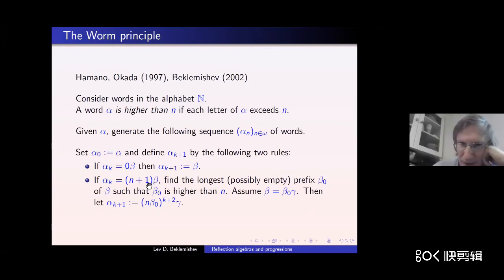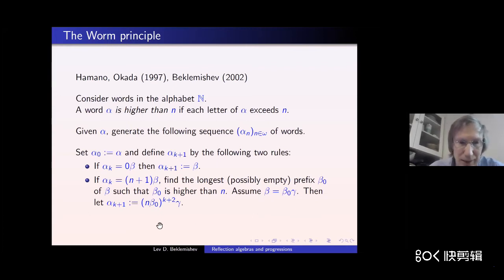So we read our word alpha k from left to right and stop at the very first letter which is at most n. Assume this word is written as beta 0 gamma.